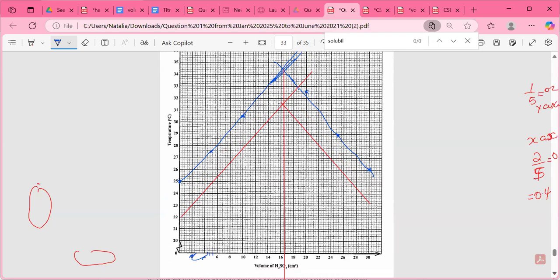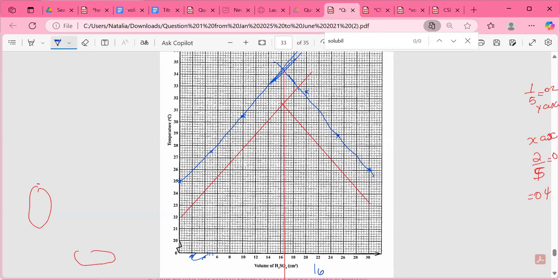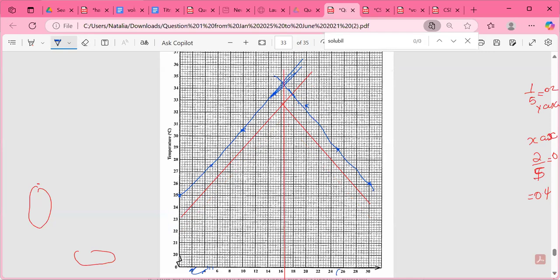It's the first small box after 16. On the y-axis I'm going up by 0.4. So the volume of H2SO4 would be 16.4.